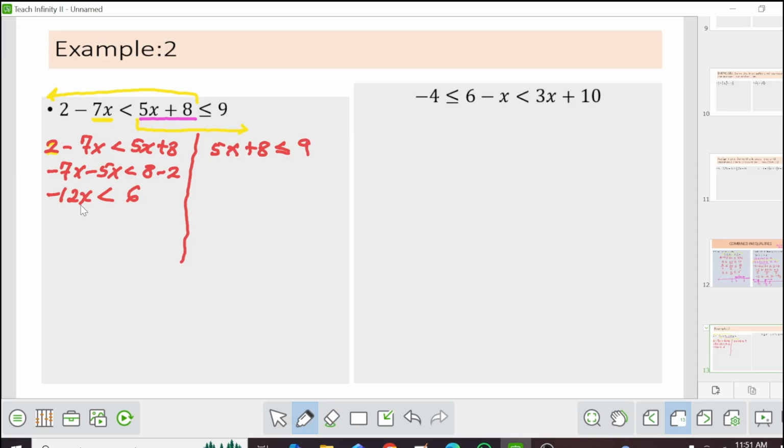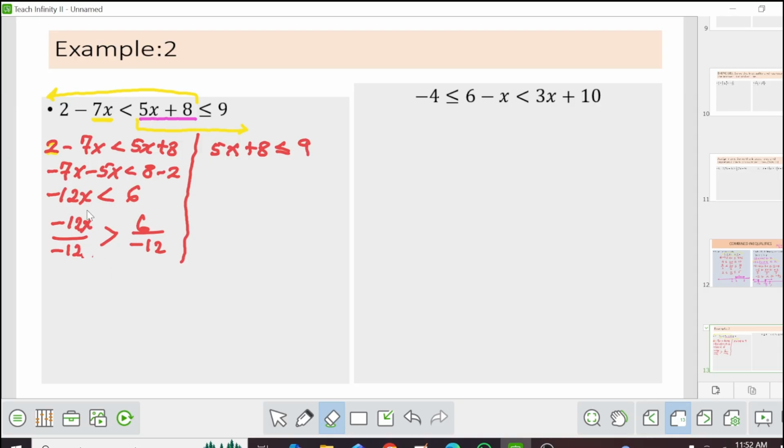If I divide both sides by a negative number, minus 12, the inequality will reverse. Sorry, this is minus 12, I'll put in the x.